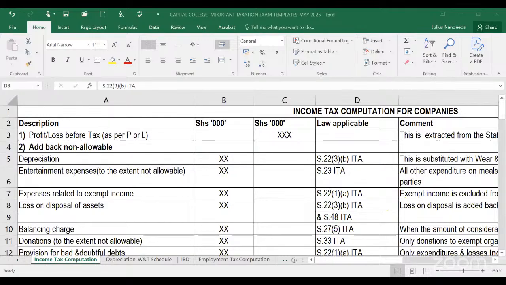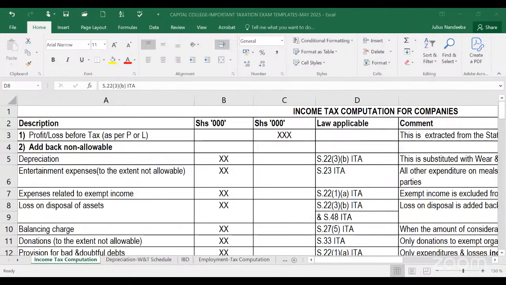Now, as you're looking for this building, there are certain things that you must remember. For you to calculate IBD successfully, you must know the percentage of IBD. What is the percentage of IBD? 5%. You must know that percentage is applied on what? It is applied on the qualifying cost, or what we call the capital expenditure.